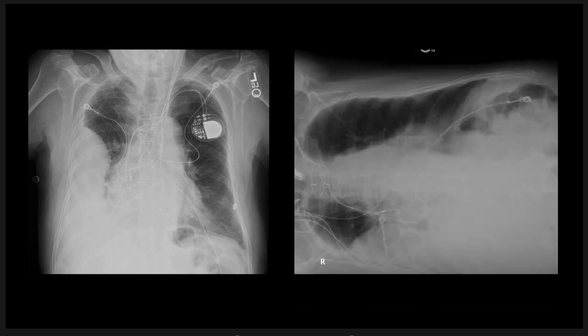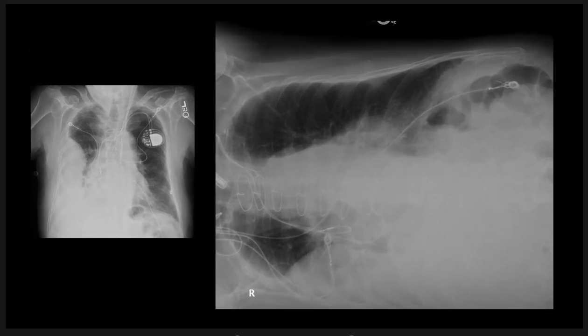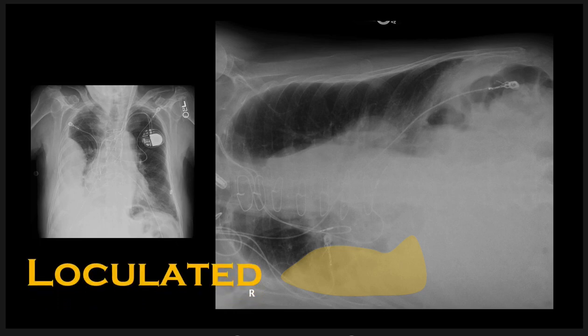You'd put the affected side down, right? So we're worried about the patient's right side, so we're going to put him right side down, because that's the side we want to see flow. And sure enough, it's maintained that contour. Get a closer look here, just like that. So that's loculated. Now, does that mean it's an empyema? No, but you should start to think that that's a possibility when you see something like this.